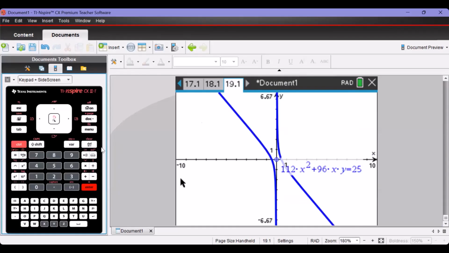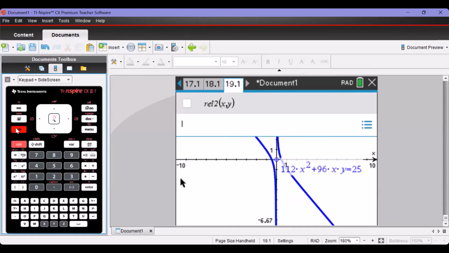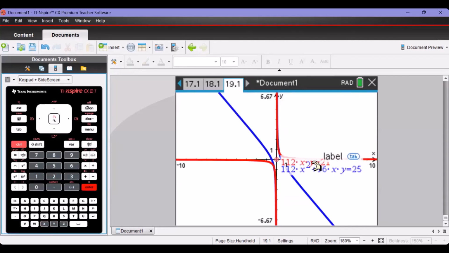And our second equation, so press tab, bring back the entry line, it is 112 times X times Y equals 21, and then press enter.